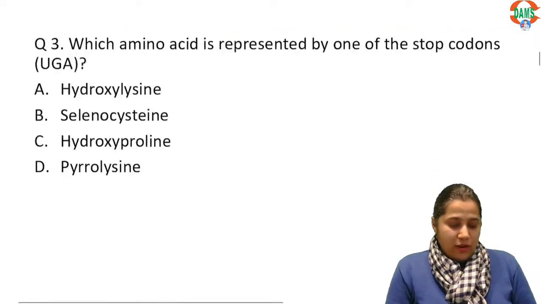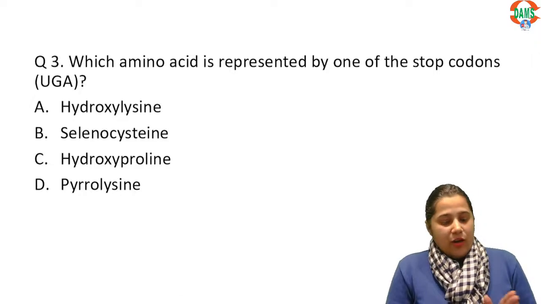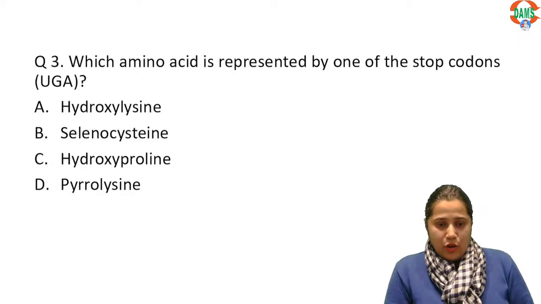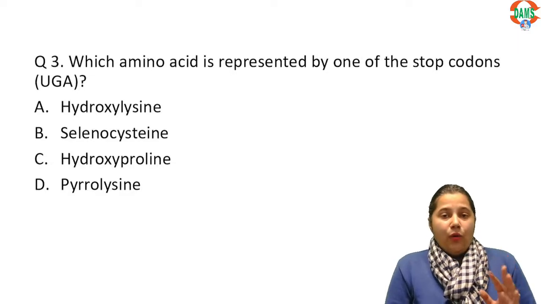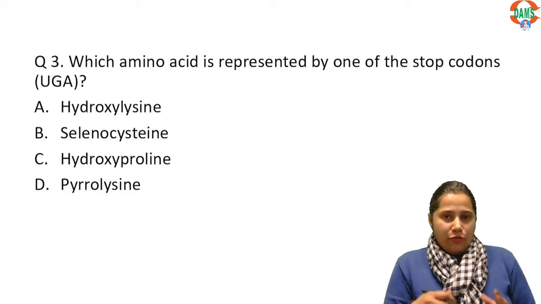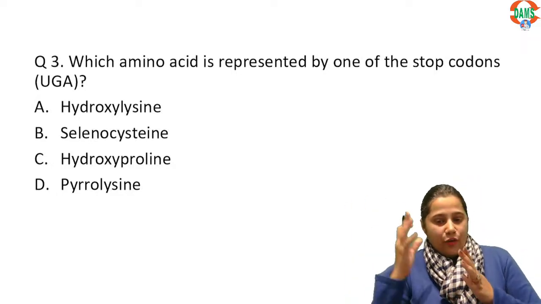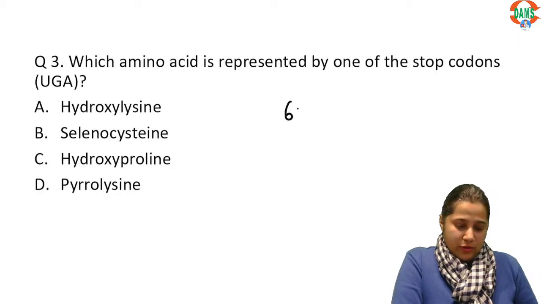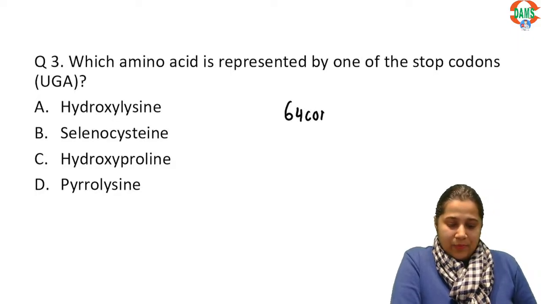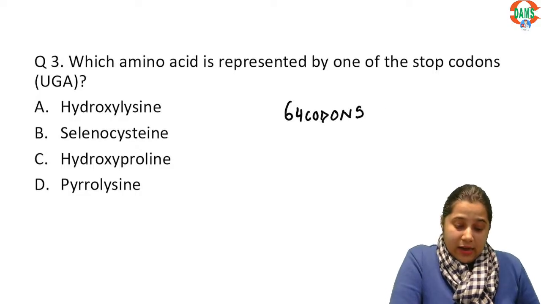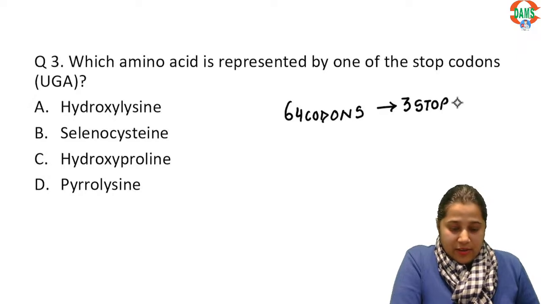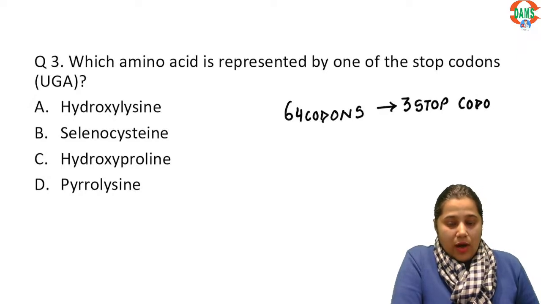Then question number 3. Which amino acid is represented by one of the stop codons UGA? Now, see what actually happened in the discovery of amino acids: we had 64 codons that were discovered. And we found that of the 64 codons there are 3 stop codons and the rest, 61 codons.